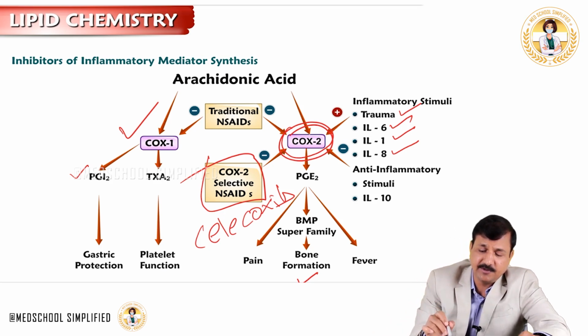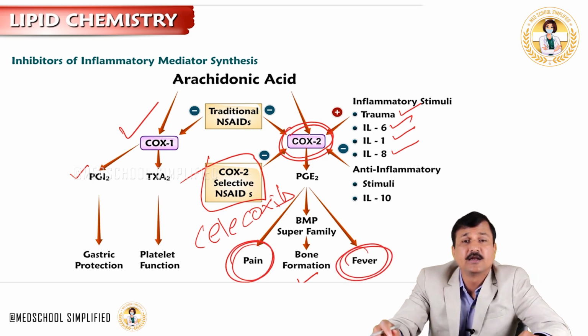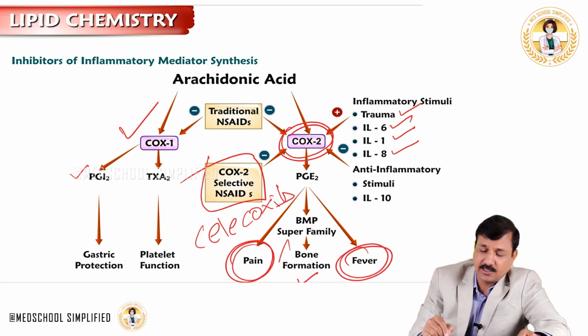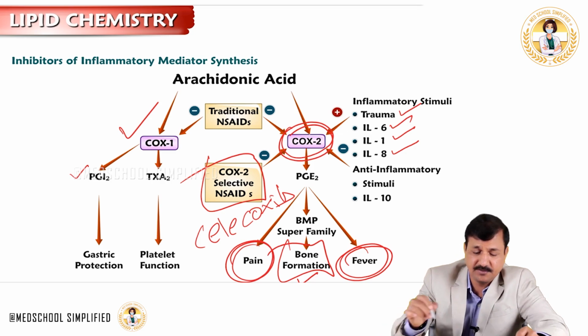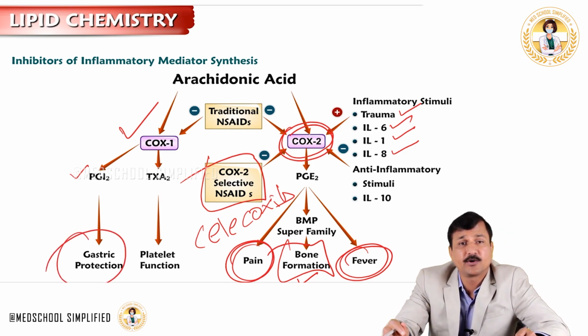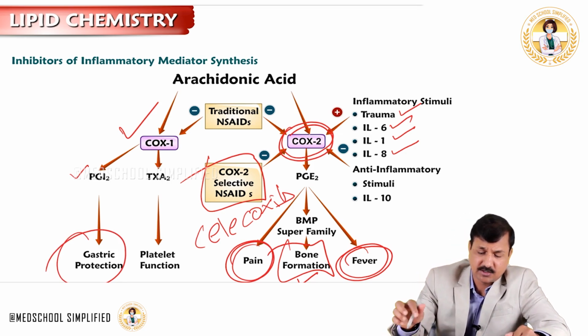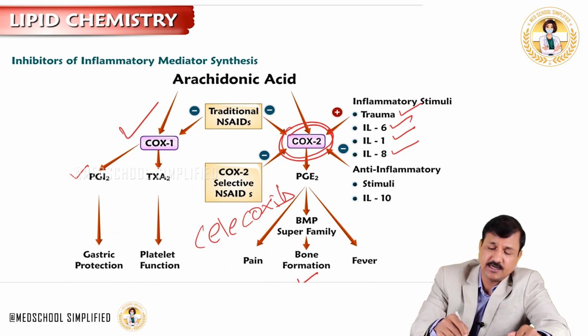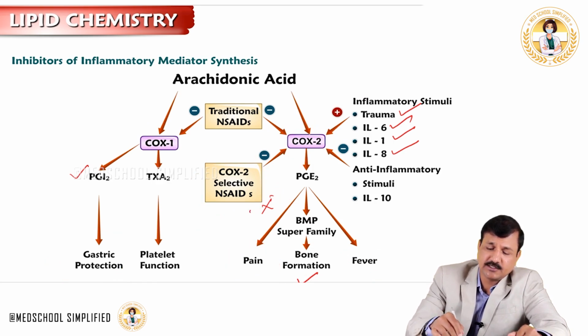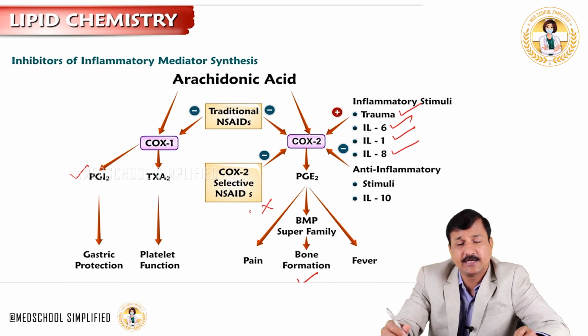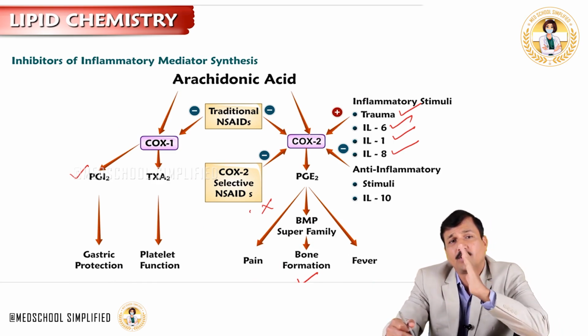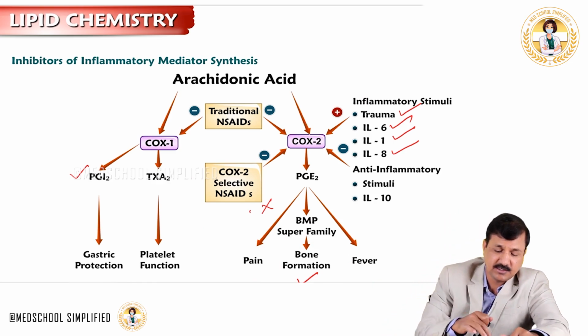So by selectively inhibiting COX-2, they are going to efficiently decrease pain and fever. Although they have an effect on bone formation, gastric protection is maintained because we are targeting only COX-2 rather than both COX-1 and COX-2 as with traditional NSAIDs. So selective COX-2 NSAIDs block only the COX-2 enzyme and its pathway.